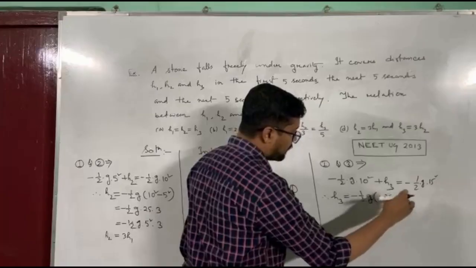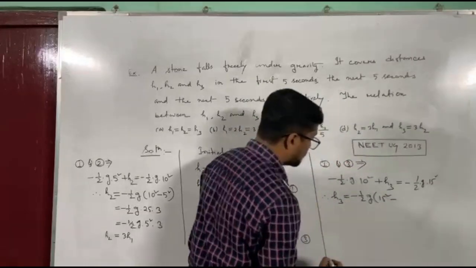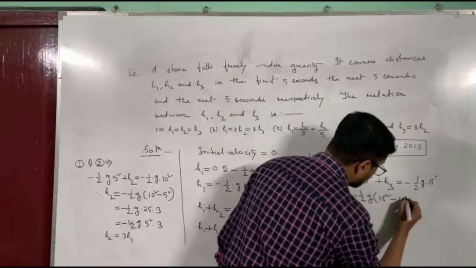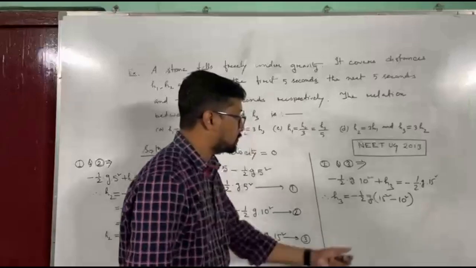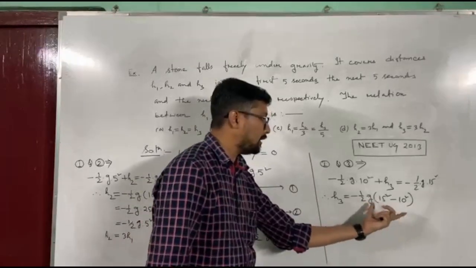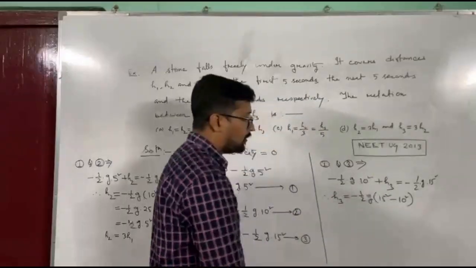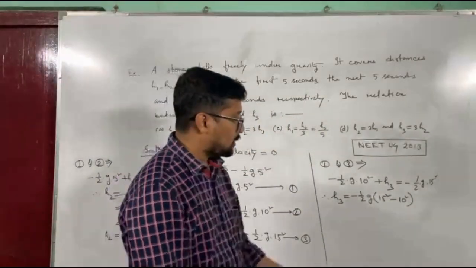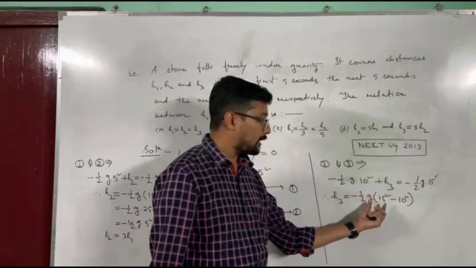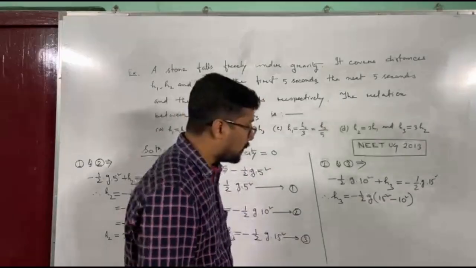Since I am writing it within the bracket, I am writing it as negative term, so I can write 10 square. This minus and minus, this becomes eventually plus. So from here I can write 15 into 15 is 225, 10 square is 100, so 225 minus 100 becomes 125.